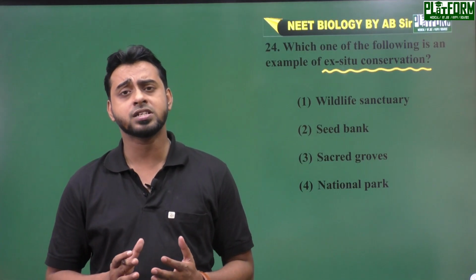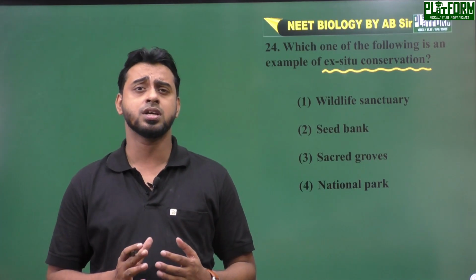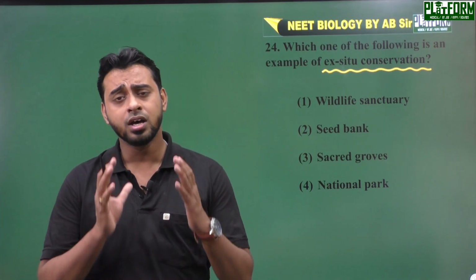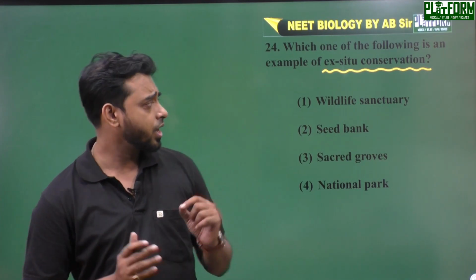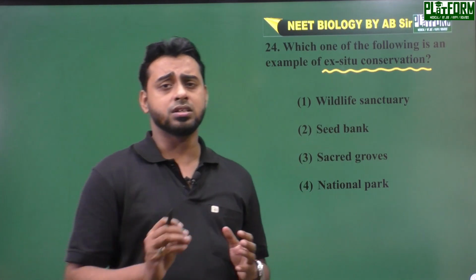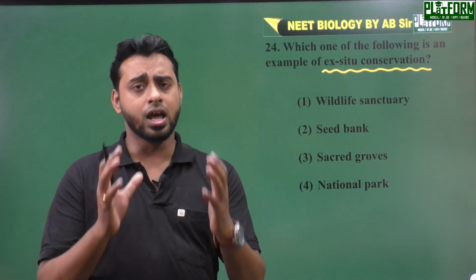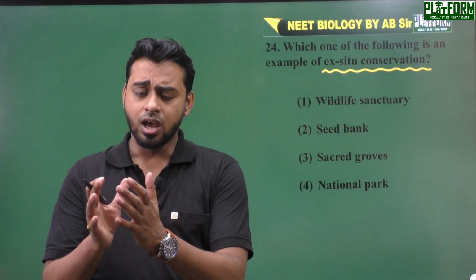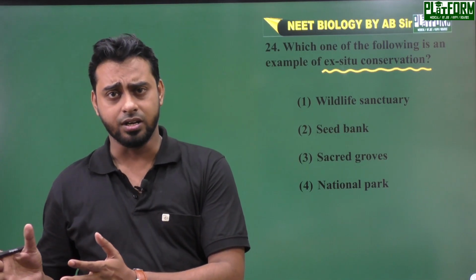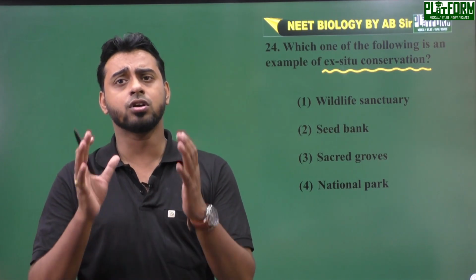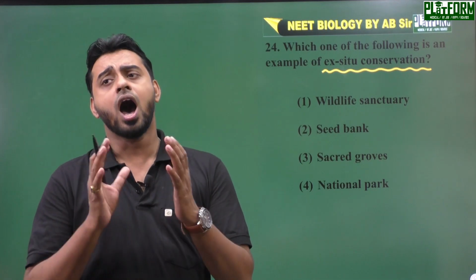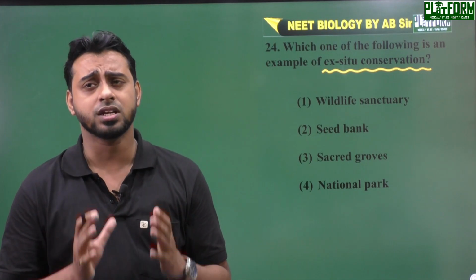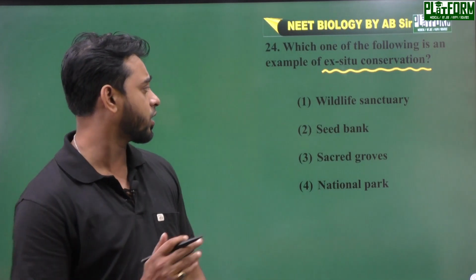One type is known as in situ conservation, and the other type is known as ex situ conservation. Ex situ conservation means when a particular animal or plant is conserved outside their natural habitat. Fine, if the plants or the animals are conserved outside their natural habitat, then this type of conservational approach is known as ex situ conservation.